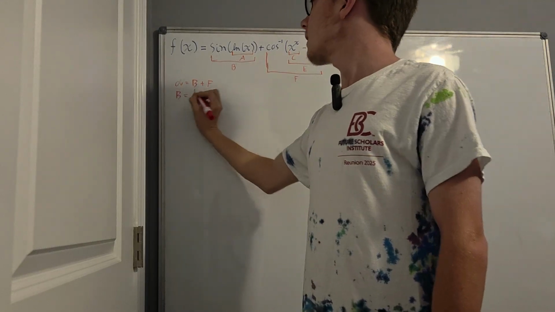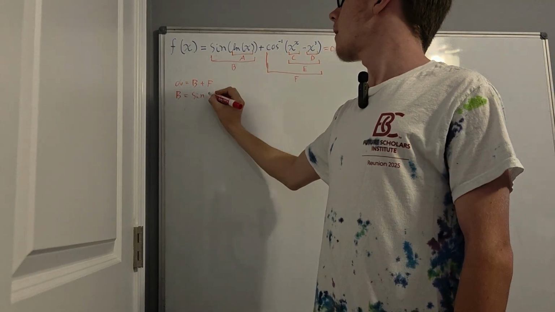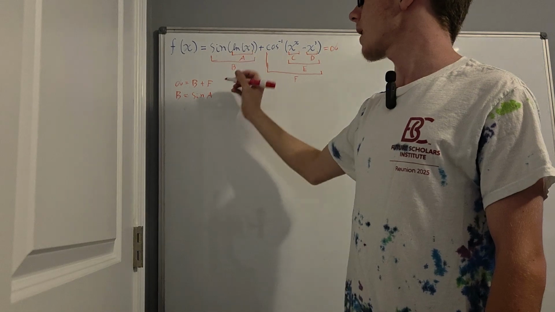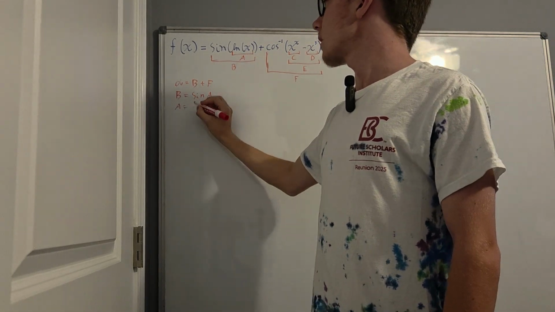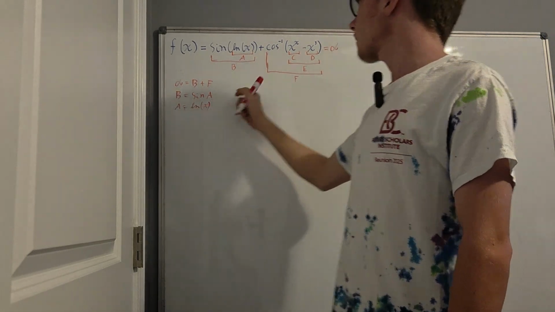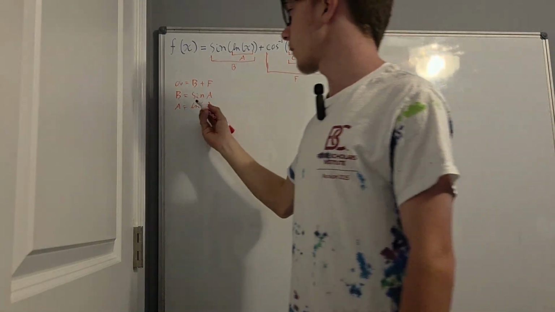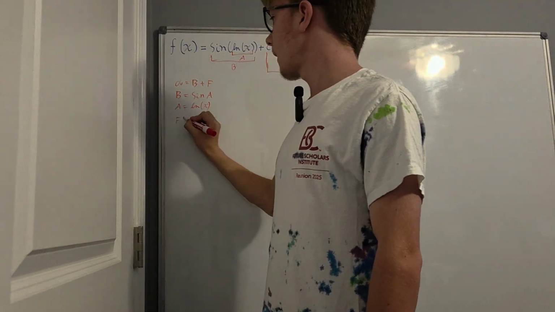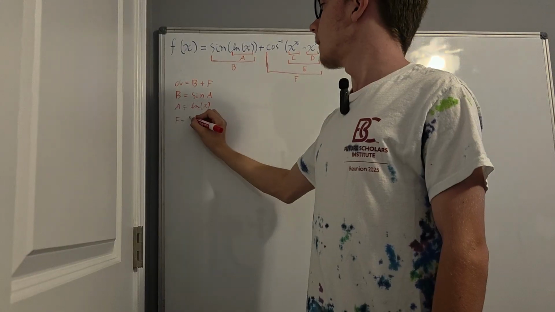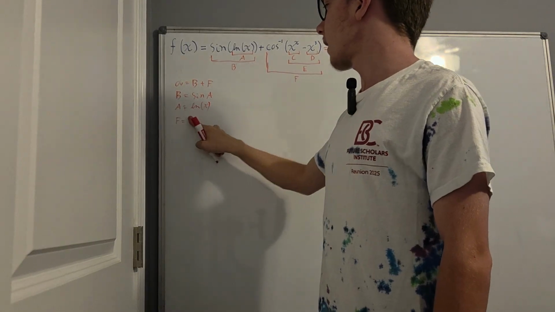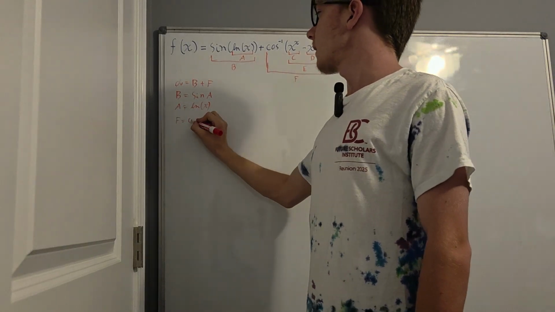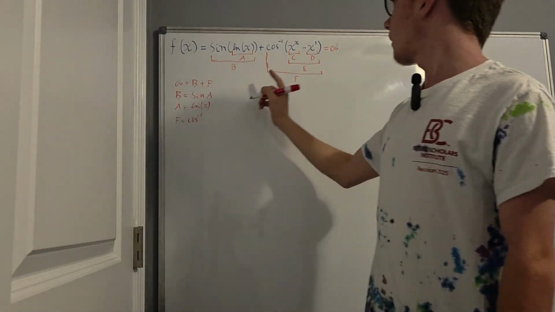Well, b is equal to the sine of a. What's a equal to? A is equal to ln of x. F is equal to the inverse cosine of e.